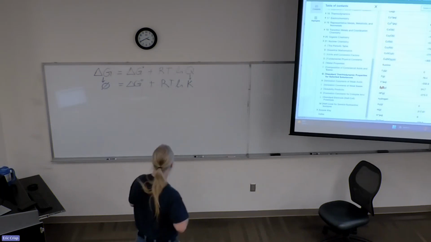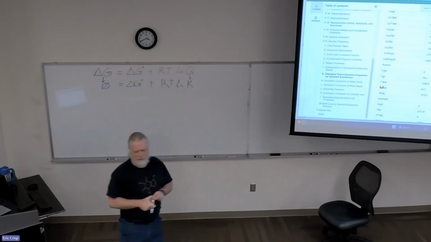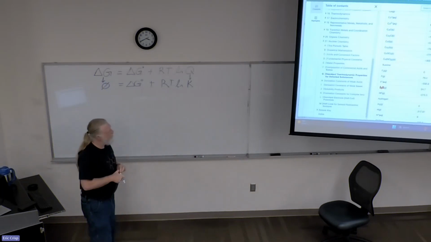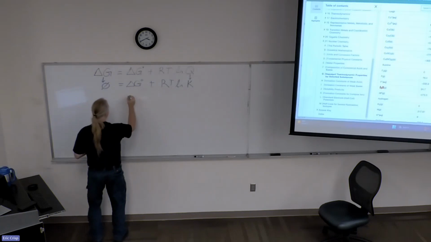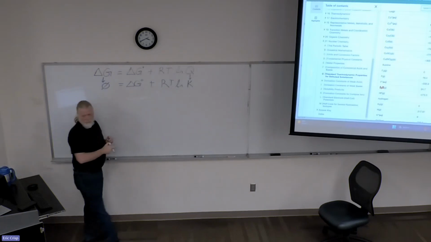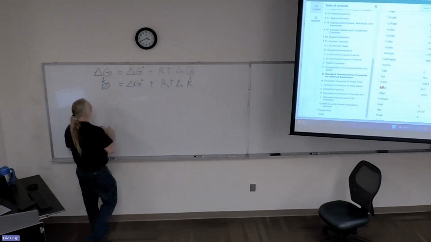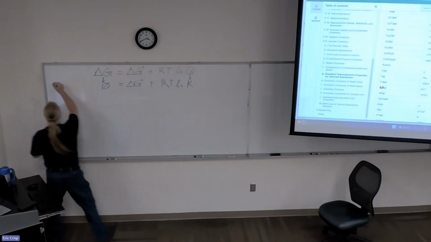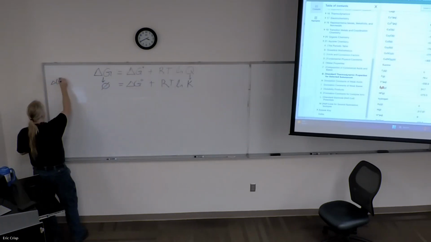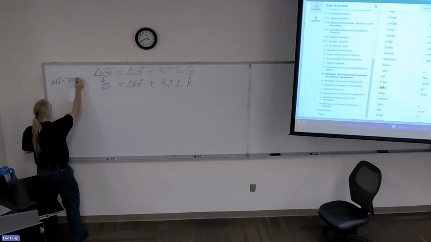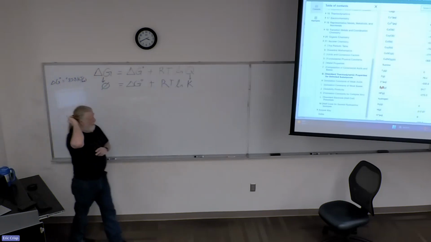Somebody check that. It's 83 positive. Is it 83.8? Yeah. All right, cool. So that's going to be delta G naught equals positive 83.8 kilojoules per mole. All right, cool.